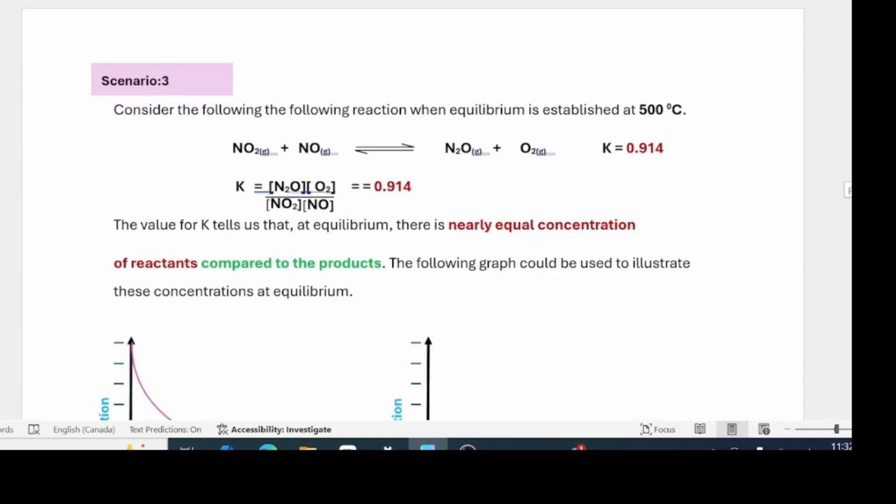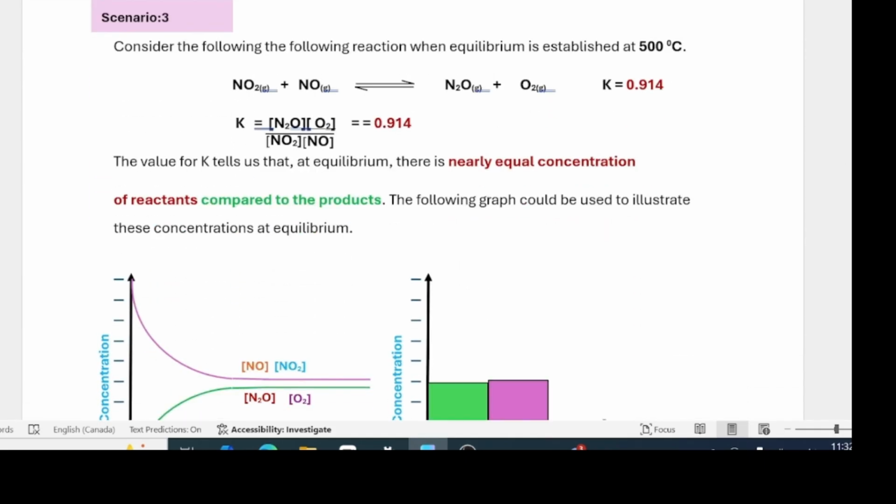There's a third scenario where you're having nitrogen dioxide reacting with nitric oxide to give you dinitrogen oxide and oxygen at 500 degrees Celsius, and K for that is 0.914. You can see that this is nearly close to 1.